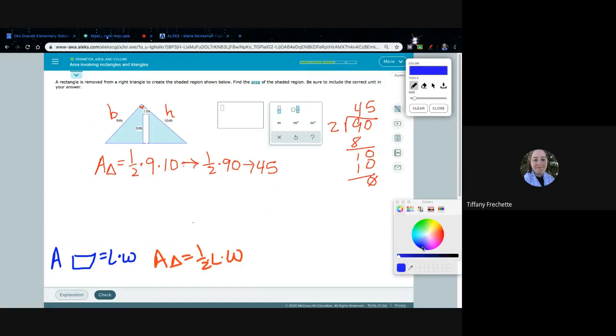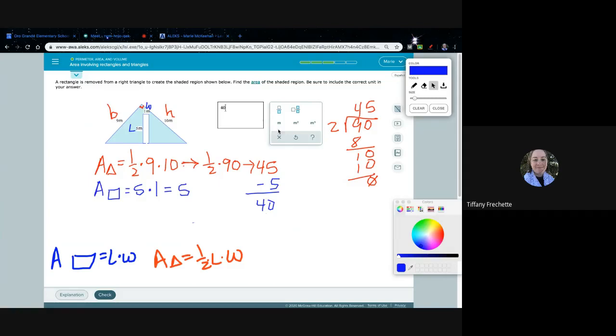So now I need the area of my rectangle, and this is just length times width. So again, it doesn't matter which one is length and which one is width, you just decide length, width, and then we're going to multiply. So 5 times 1 equals 5. Remember, we're taking the rectangle away, so I'm just going to subtract. So I have 40.